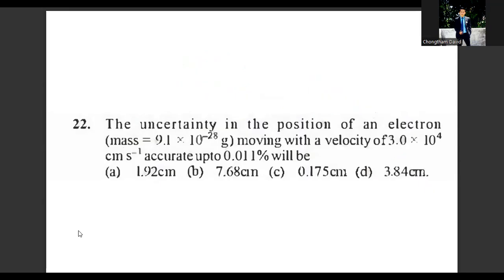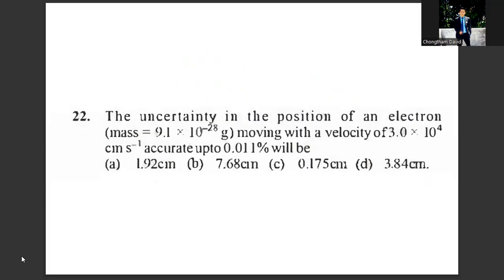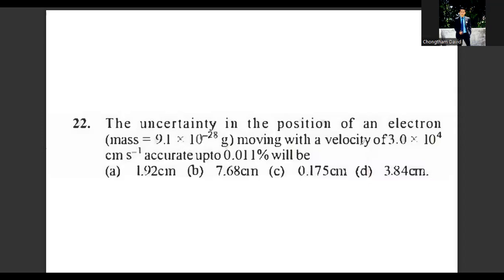Question 22, the uncertainty. This is from Heisenberg uncertainty principle. The position of an electron moving with a velocity of v is given. Then uncertainty is given in terms of percentage as 0.011 percent. So remember the Heisenberg uncertainty principle, which states that you cannot easily predict the momentum and the position simultaneously for subatomic particles.